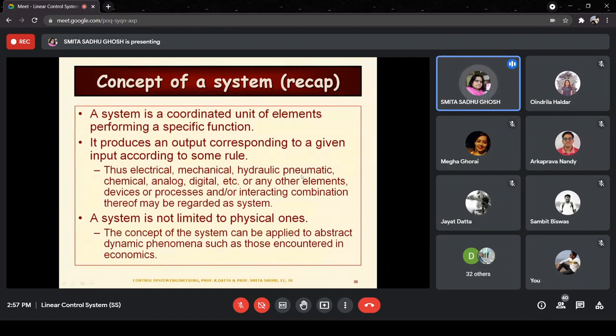Incidentally, who can tell me what is pneumatic? What does this term mean, pneumatic?